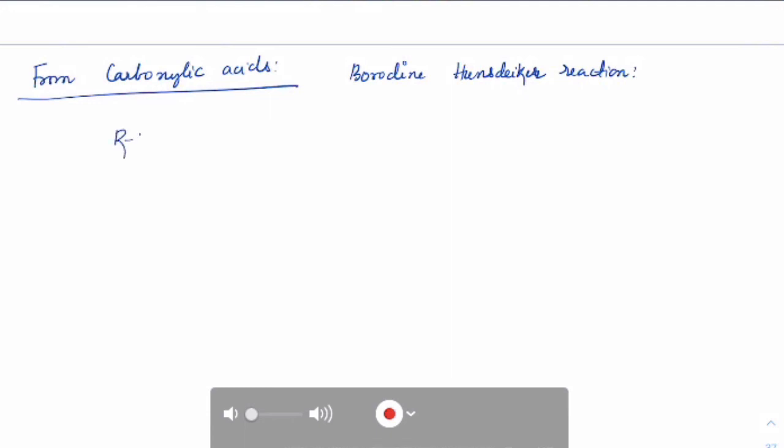Overall reaction is RCOOAg, silver salt, reacting with Br2 in the presence of CCl4. You will get RBr plus AgBr precipitate plus CO2. See the overall mechanism.